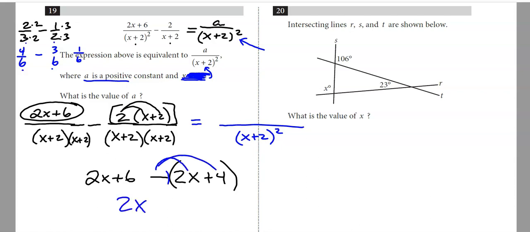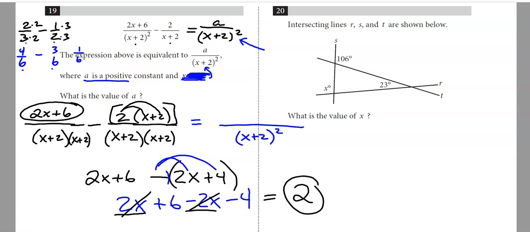So I have 2x added to 6 minus 2x minus 4, and when I combine like terms here, the 2x minus 2x goes away, and the 6 take away 4 comes out to be 2. So a in this equation shakes out to be 2. That was a tougher problem.